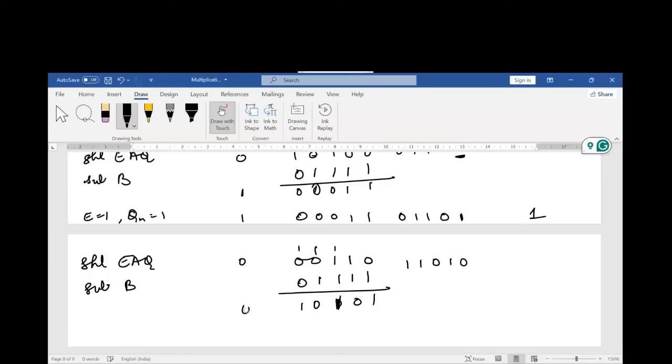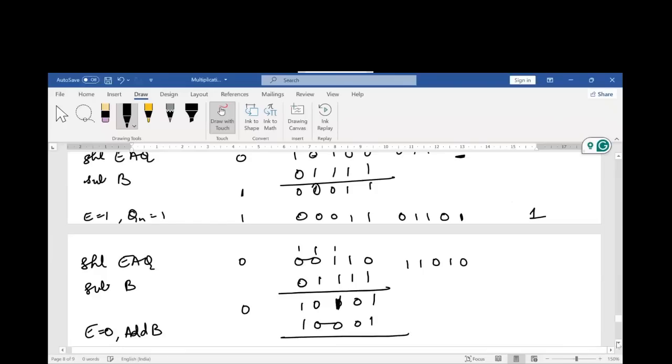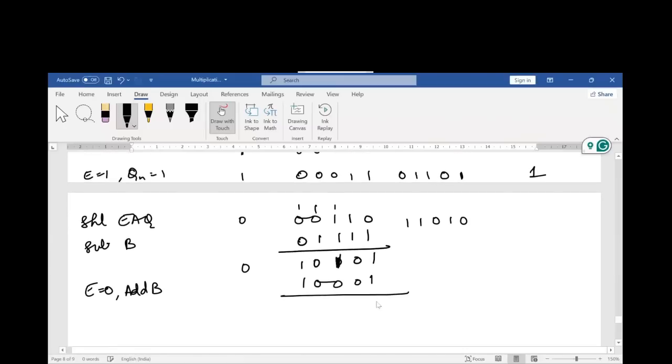E is 0. E is 0 so what will we do? Add b. What is b? 1 0 0 1. Here we will get 0 1 1 0 0. Here q will remain as it is. After adding b, decrement the sequence counter.